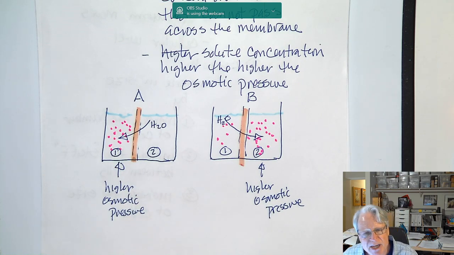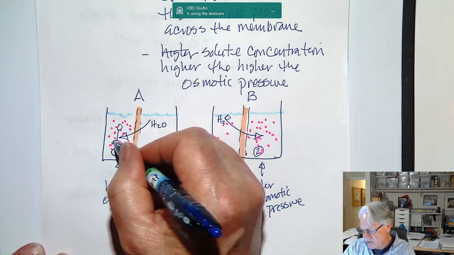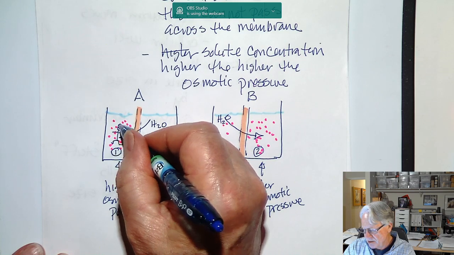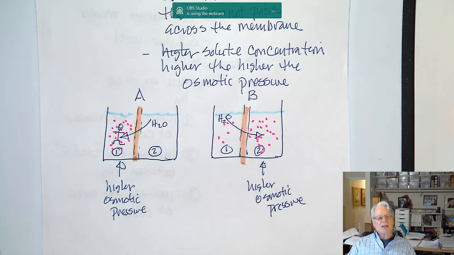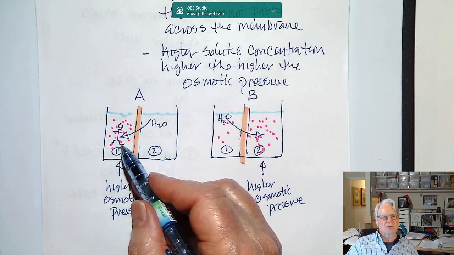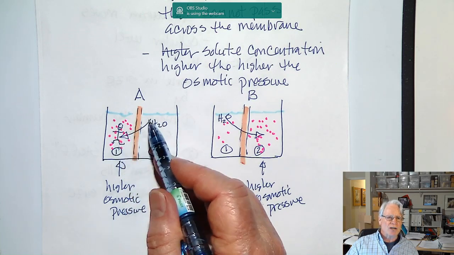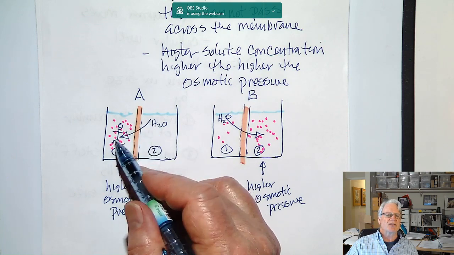And the best way to think about this is if you were a person standing right here, and you got a little happy face there. If you're standing right there and you're feeling that water come in against your body as it flows from this region into this region, that's a pressure that you're experiencing. The pressure of the water moving into this space.